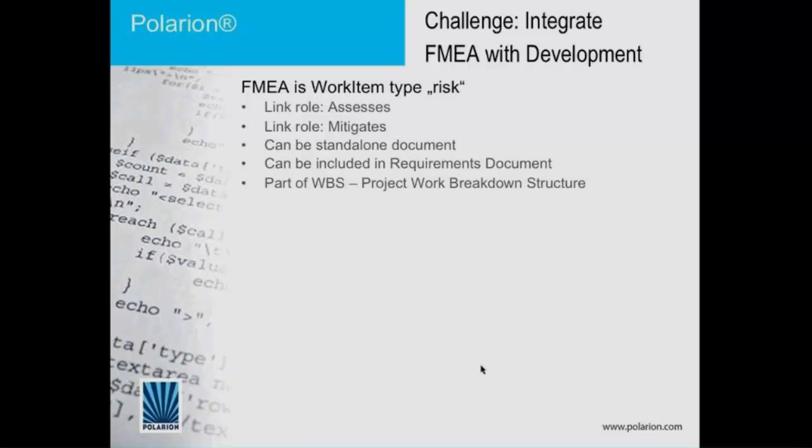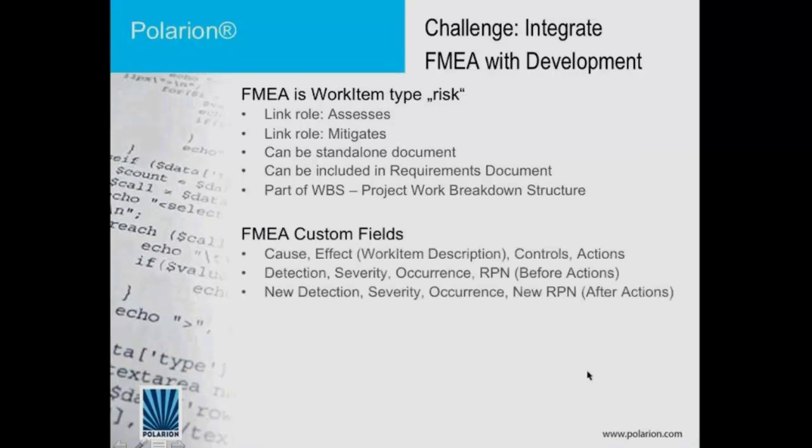So FMEA is going to be a special work item called risk. It's going to have a special relationship between all the other development artifacts that I utilize, such as requirements and tasks and defects. We will be able to create a risk item in a standalone document. We'll be able to include risk analysis in our standard work breakdown structure.